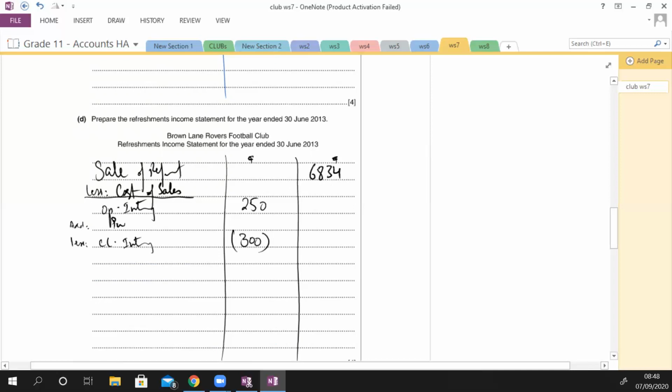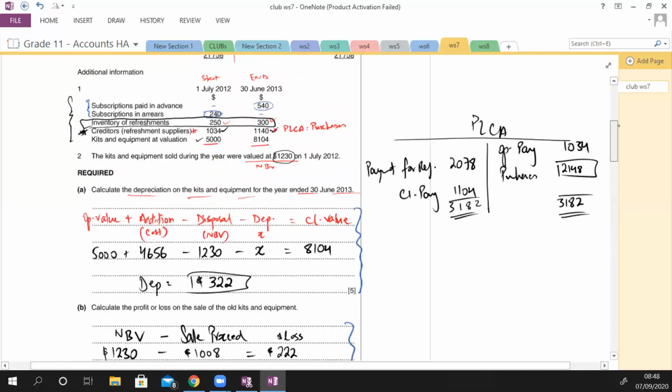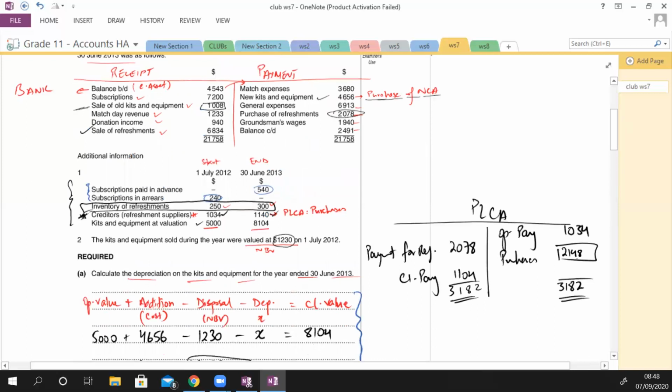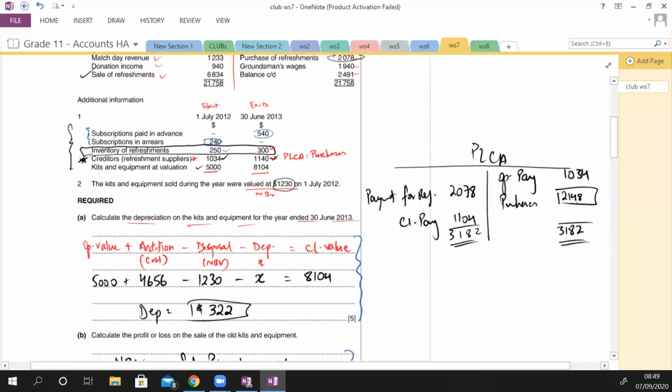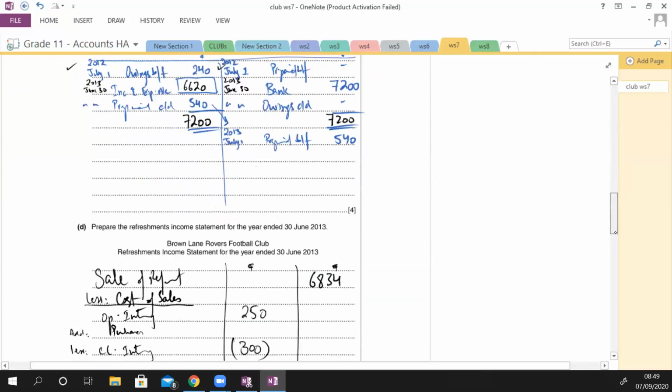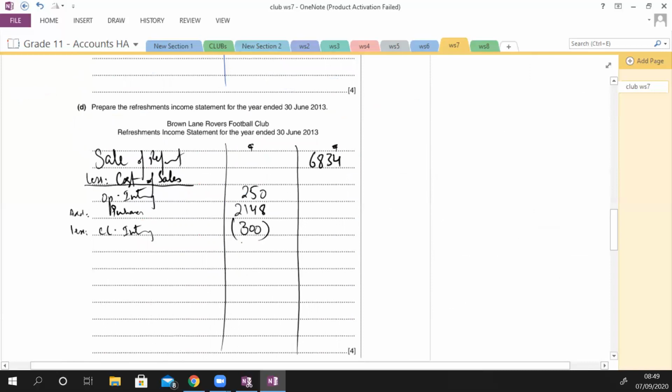Add purchases. Which value of purchases will we take? If we were to take the value 2078 from the payment side, why would we calculate PLC? So we'll take 2148 calculated from the purchase ledger control account. That gives 2098, and the gross profit will be 4736.